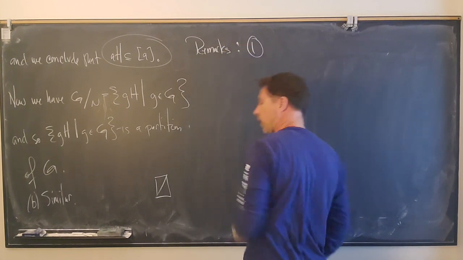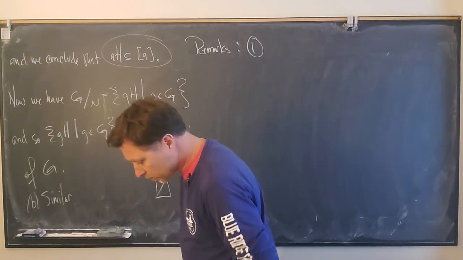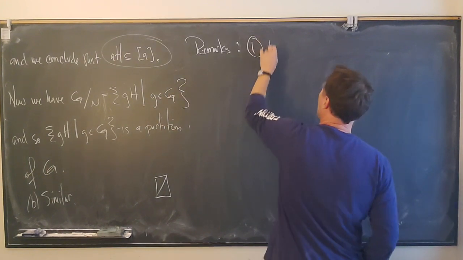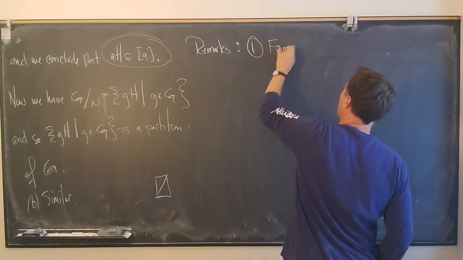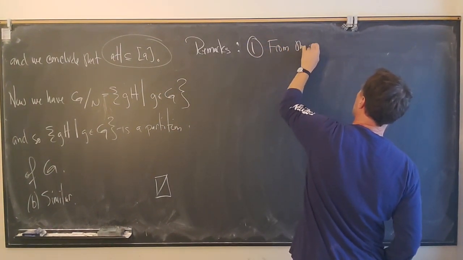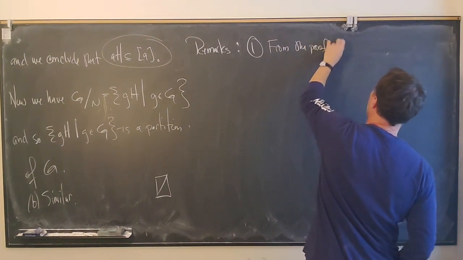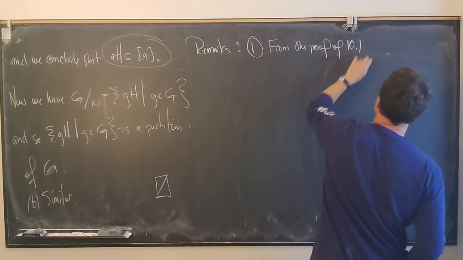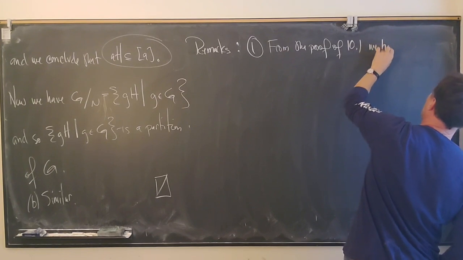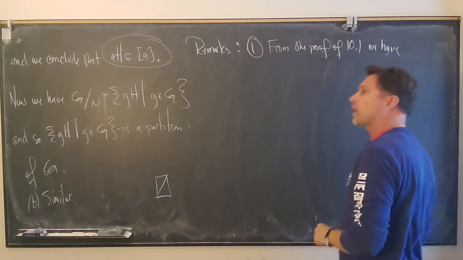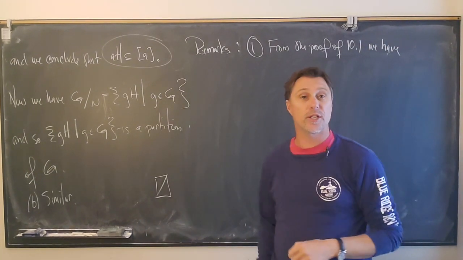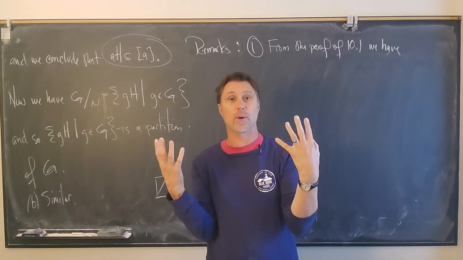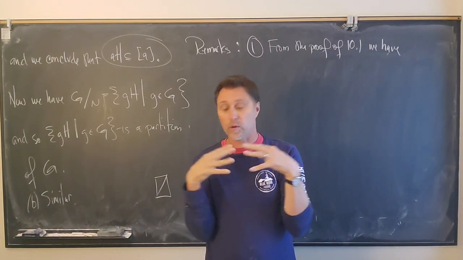Okay, so the first remark, from the proof of 10.1, we showed that cosets form a partition, and with partitions, if you have two pieces of a partition, they're either equal or they're disjoint.